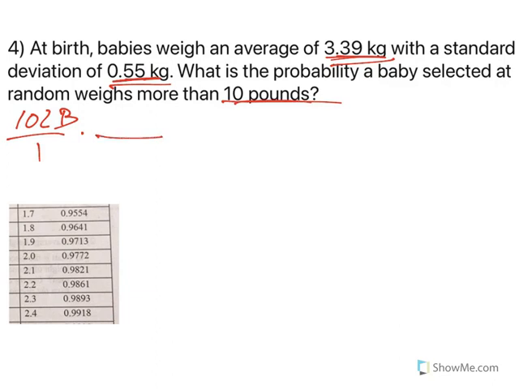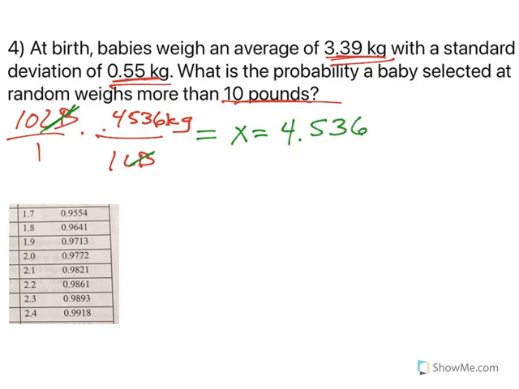So I take my 10 pounds, multiply by 0.4536 kilograms in the numerator over 1 pound in the denominator. Dimensional analysis makes my pounds cancel out. So my X value is 4.536 kilograms.